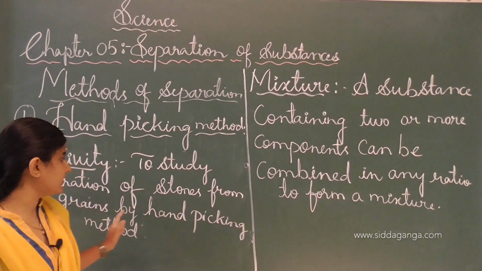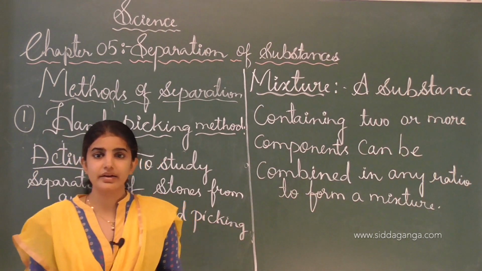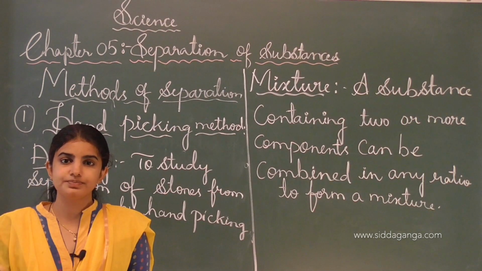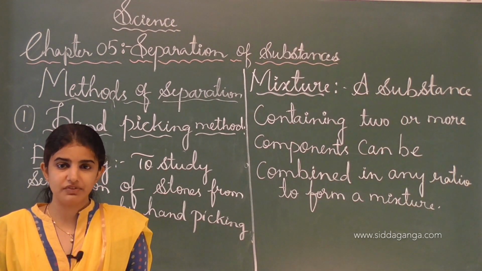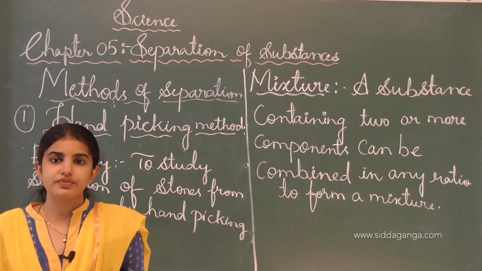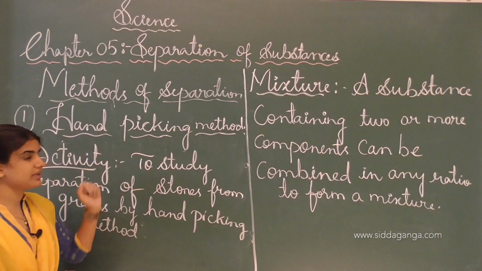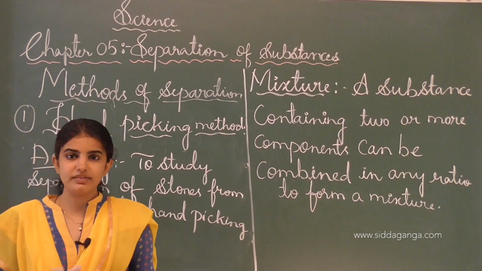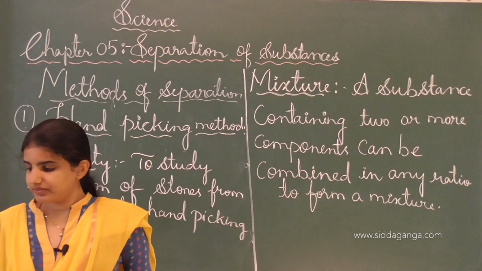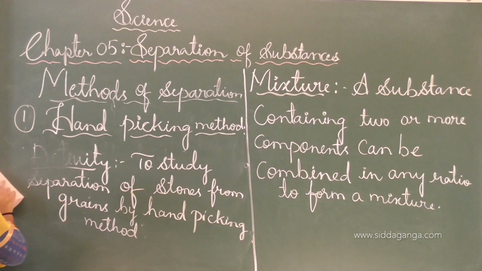In your home, you take a handful of grains in a plate and pick up the stones or different types of leaves and separate them out. Like this, the hand picking method can be used as it is a physical phenomenon used in day-to-day activities. And the next method is threshing.